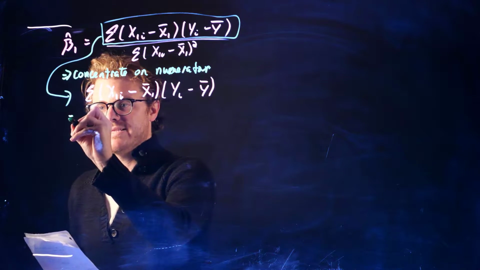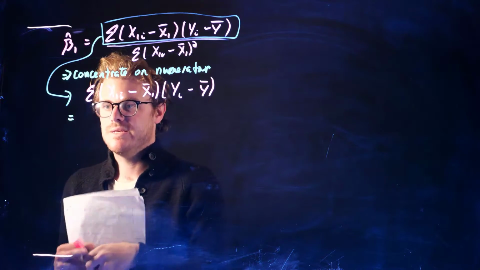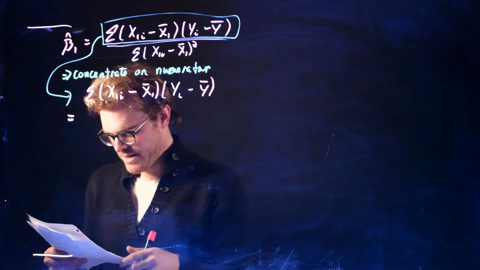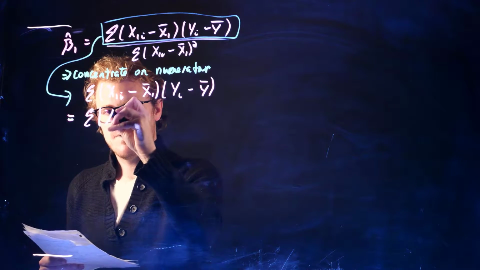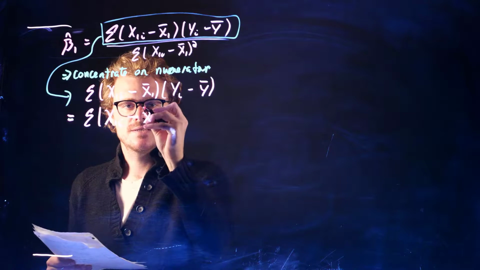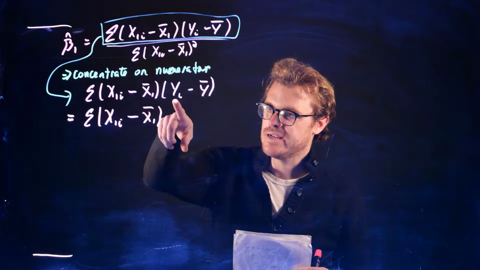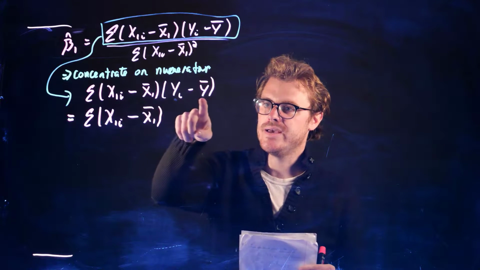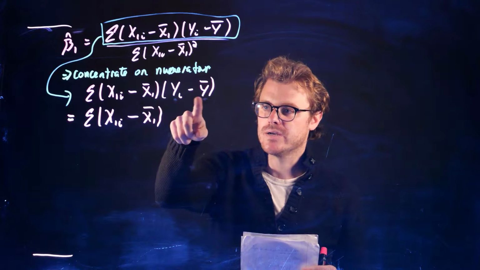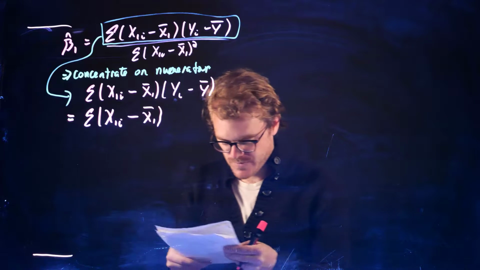Well, that's going to be equal to, I'll keep it in the same color and then use green to explain it, the sum of x1i minus x1 bar. We're going to keep this first bracket the same, and then we're going to plug in what yi equals and what y bar equals. I'll explain that right below.